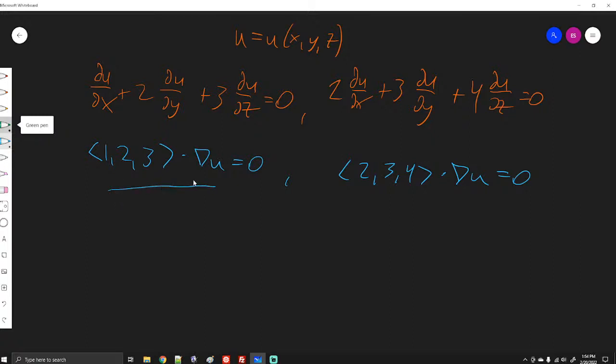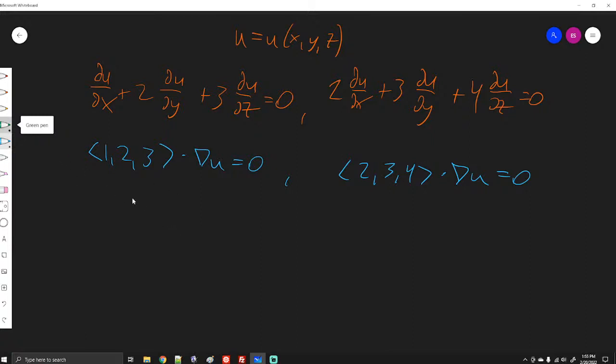So this equation here indicates that u doesn't change in the direction of 1, 2, 3, and this equation here indicates that u doesn't change in the direction of 2, 3, 4. Therefore, u must vary in the direction perpendicular to both 1, 2, 3 and 2, 3, 4. And what vector is that? It's going to be the cross product. That's going to be the perpendicular direction vector that we want to use.